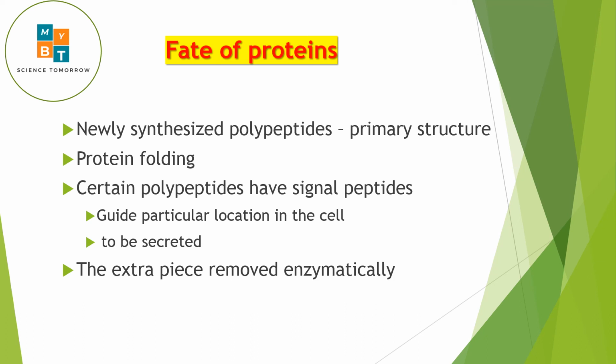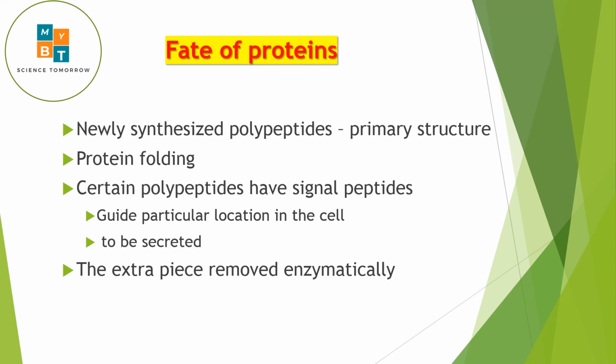Now we know that there are four structures, as we learned in the second lesson of the syllabus, which I have also discussed in a video. So primary structure, secondary structure, tertiary structure, and quaternary structure. That is due to protein folding. So the primary structure is there, and with protein folding you will have secondary or tertiary structures.